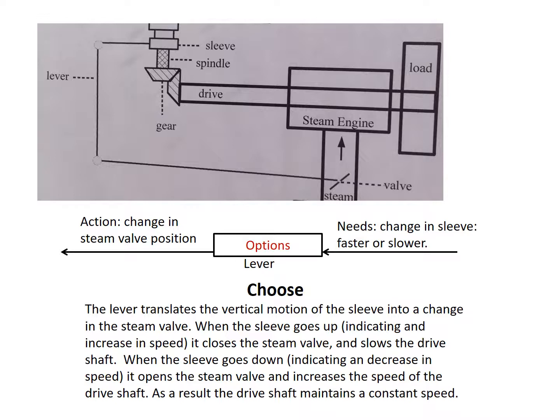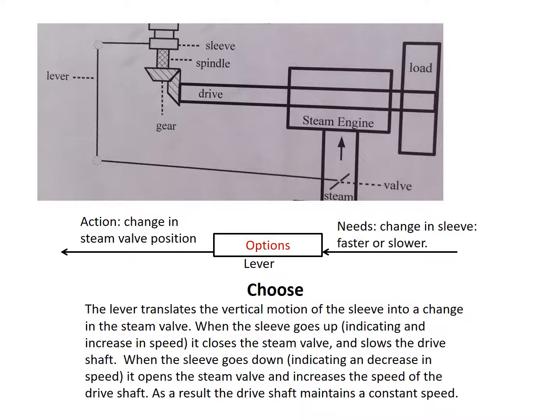Here you see a picture of the lever. If you look at the left side of the diagram, you will see that connecting the sleeve, there is a lever that goes all the way from the sleeve to the steam valve. The lever translates the vertical motion of the sleeve into a change in the steam valve.